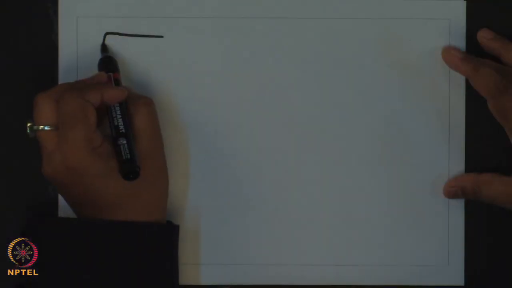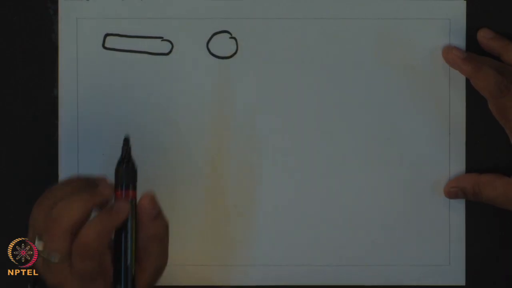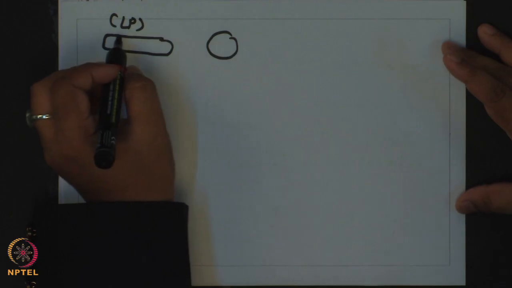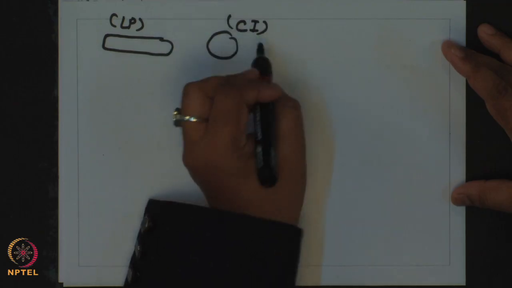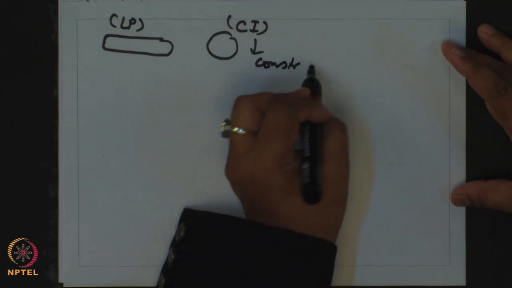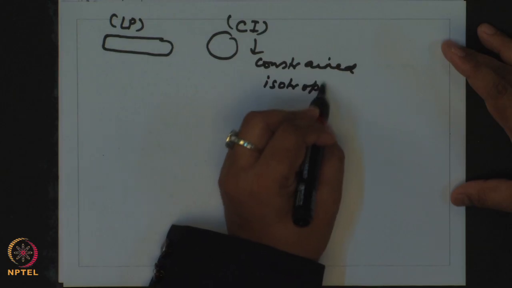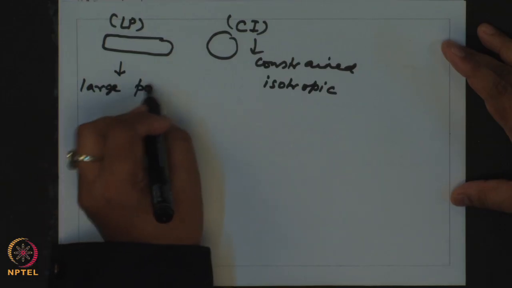They have a more recent paper where they followed up on those experiments, and they chose these two geometries, again a polarized geometry and a circular geometry. They wrote this as large polarized geometry versus constrained isotropic. So, this is constrained isotropic, and this is large polarized.